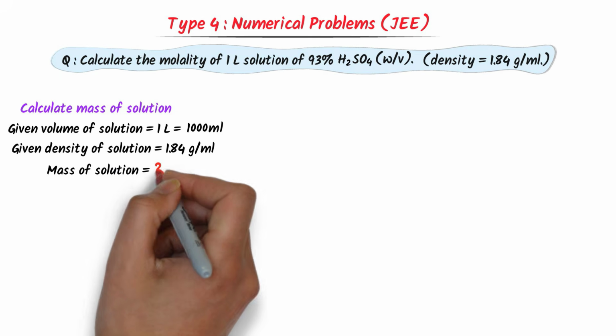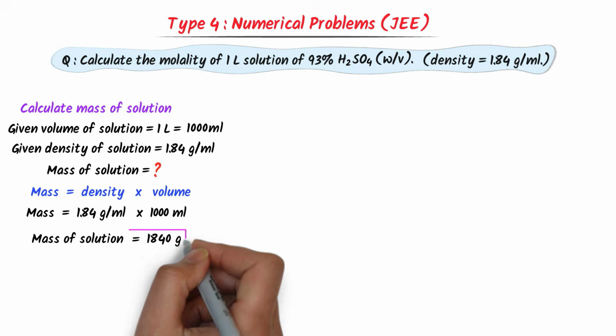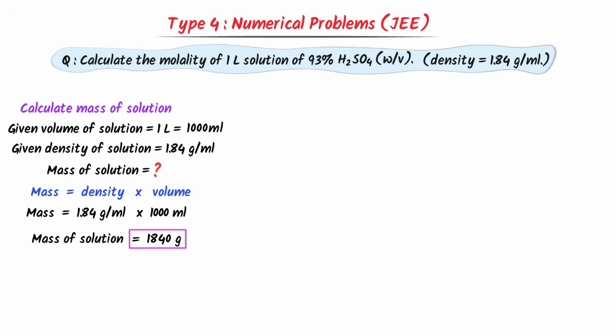The mass of the solution is unknown. We know that mass is equal to density times volume. Our mass is equal to 1.84 times 1000. After calculation, I get mass is equal to 1840 gram. So the mass of this solution is 1840 gram.